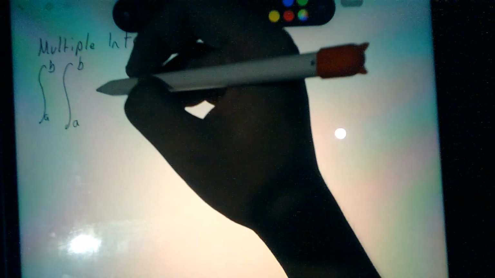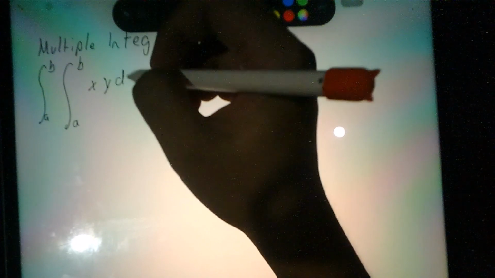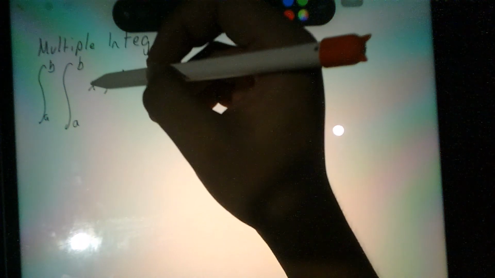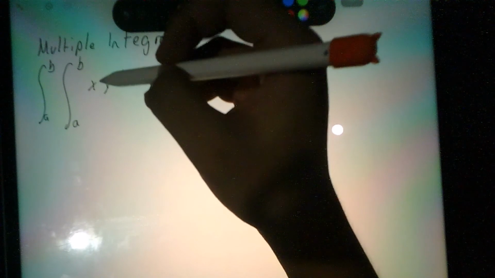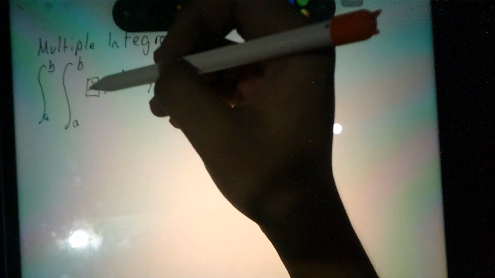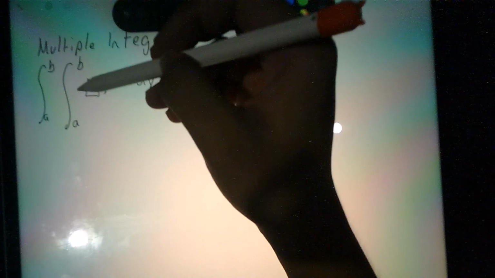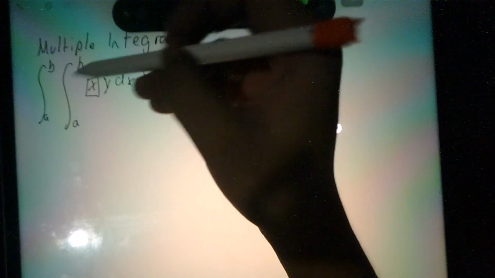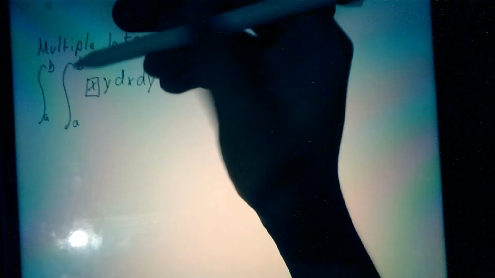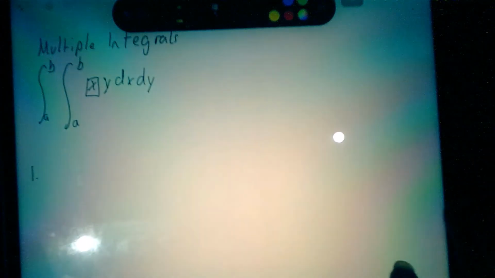So in multiple integral, let's solve first the value of the first integration, then after we integrate the first integration, that's when we also integrate the answer from our first integration in order to get the final answer.